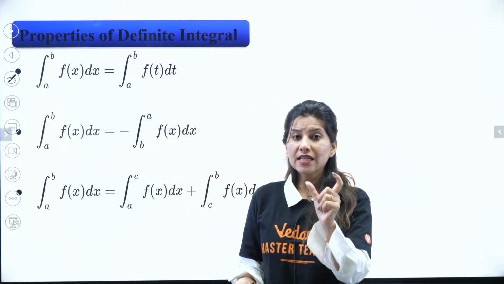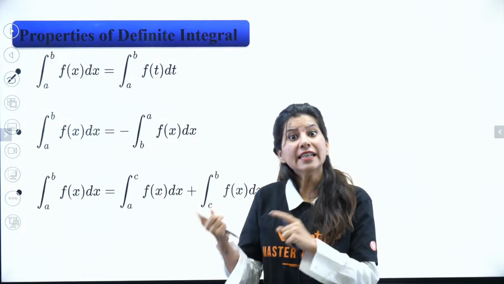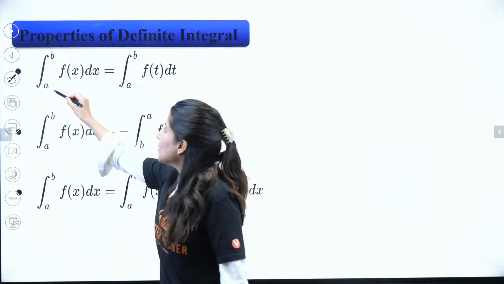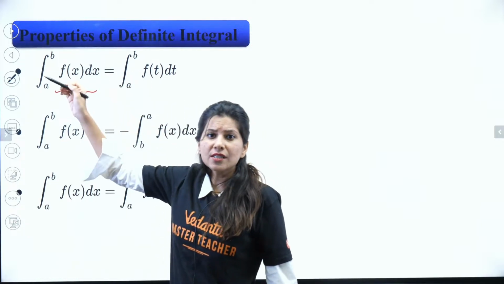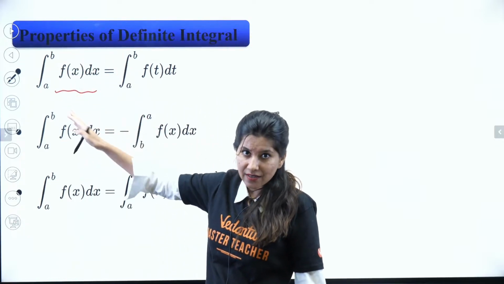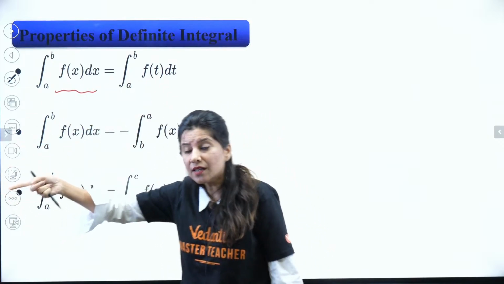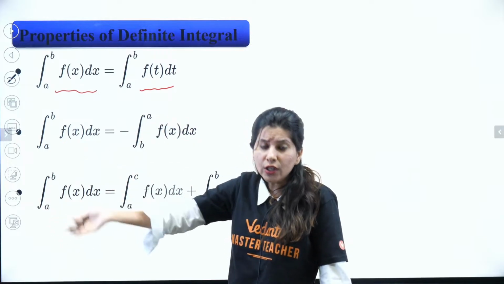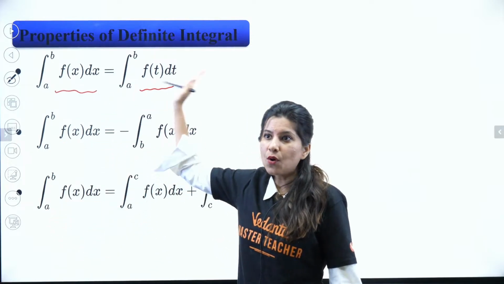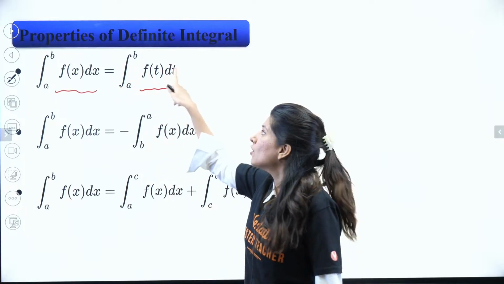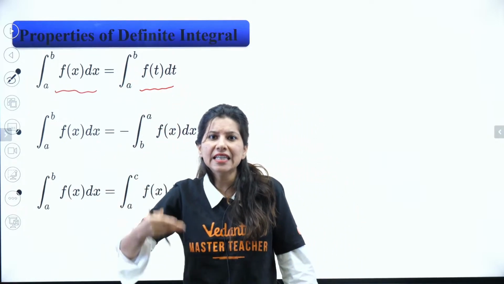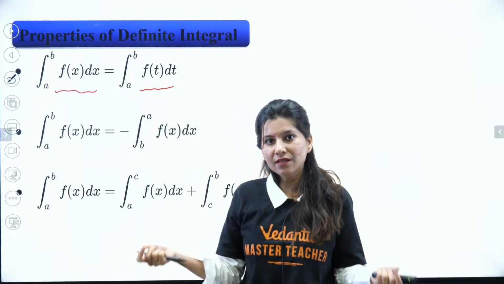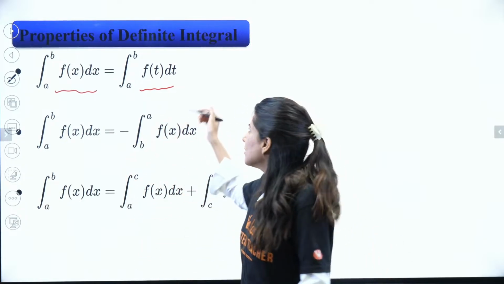But the result of definite integration is a constant value. Whether you integrate it with respect to x, then also you will get the same result, or you integrate with respect to t or y or a or u or w. So all these will be equal. So change of variable will not make any difference in definite integration because the final result is a constant value. I hope that this is clear, very basic.